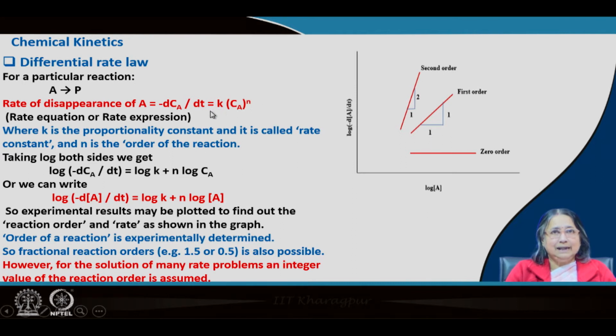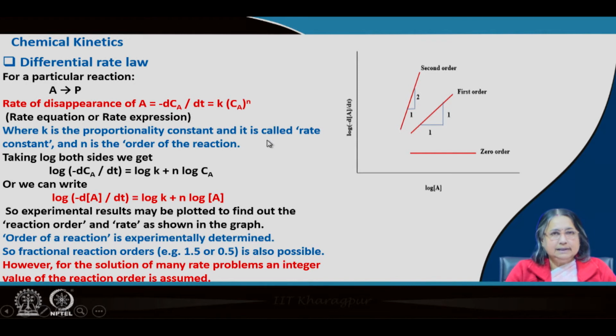So, what is K, what is n and what is Ca? Ca is the concentration of A at a particular time, at time t, say for example, and n is the order of the reaction, and K is a constant which is called the specific rate constant, or also called rate constant.